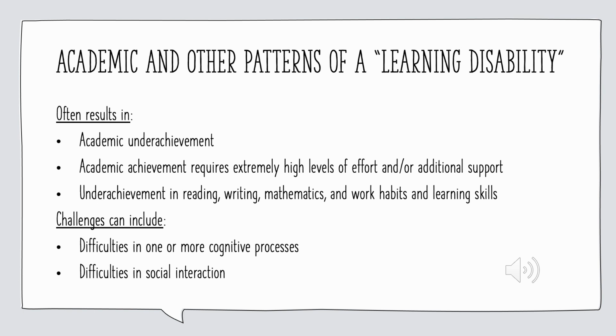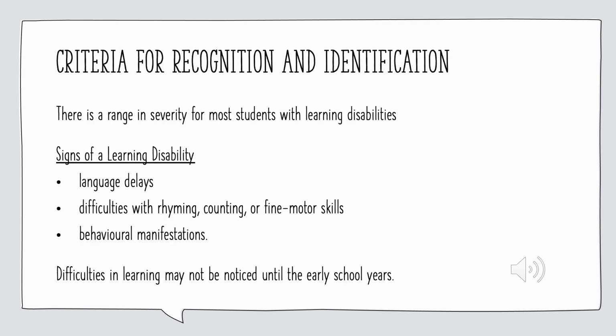Difficulties in social interaction may also manifest. For example, difficulty in understanding social norms or the point of view of others. There is a range in severity for most students with a learning disability.